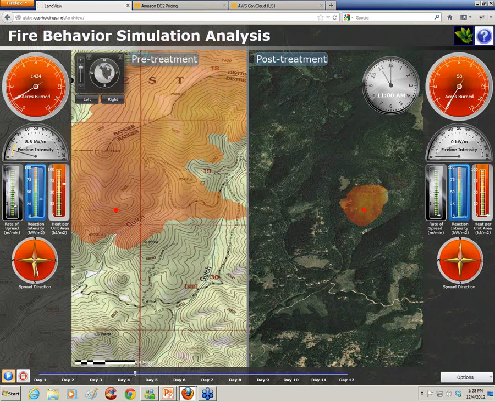On the right-hand side is after we've gone in and logged an area, we've done a silvicultural treatment, we've thinned out the forest, trying to restore it to some natural range of variability. And instead of having to do this painfully, running one scenario after another, we loaded all this onto a high-performance computing cloud architecture.